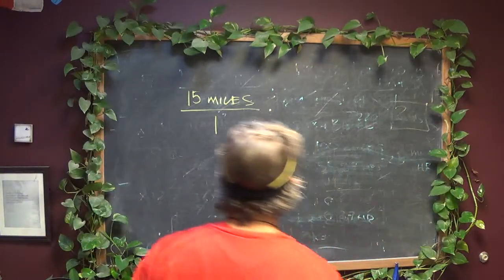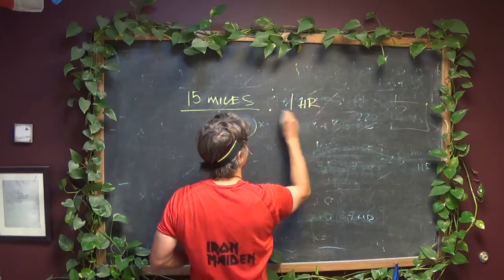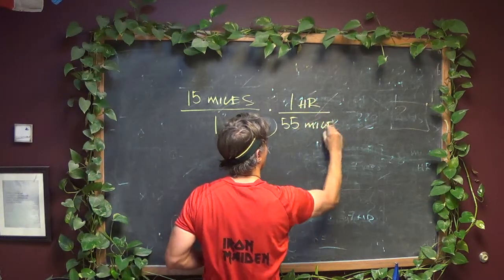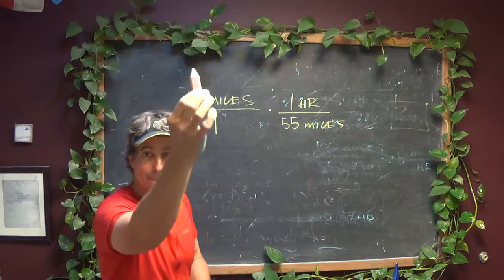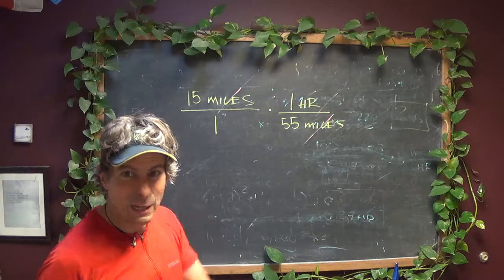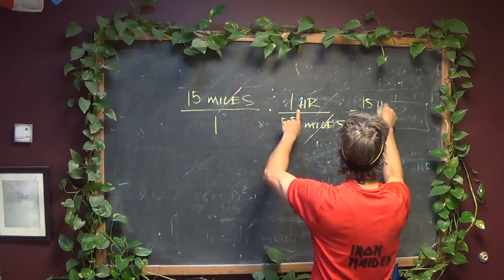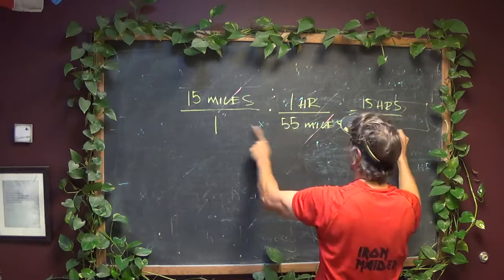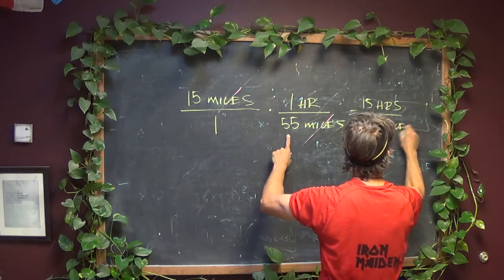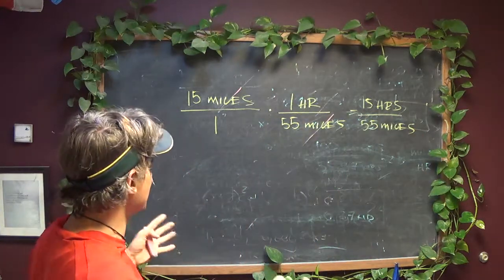So what we need to do is write this unit as we go 1 hour every 55 miles. Because now you get that, and you end up with 15 hours every 55 miles. Which again, it's like, I don't understand, that doesn't make any sense, 15 hours every 55 miles.